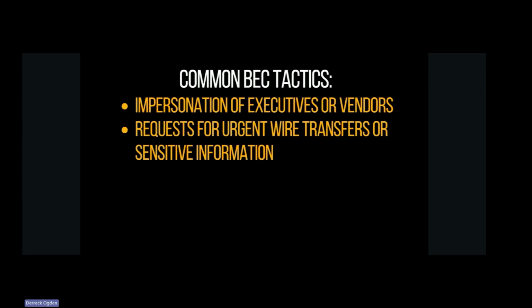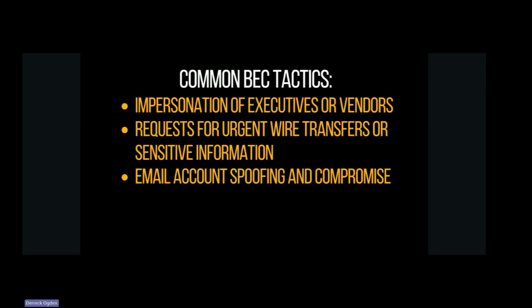Okay. Other wire transfer changes would be getting into your email, sending information to your payroll company, and redirecting payments for your employees' payrolls to fraudulent accounts. Email account spoofing and compromise. Again, those are two different things. They can pretend to be somebody two different ways. One way is by taking over their actual email, which would be a compromise.